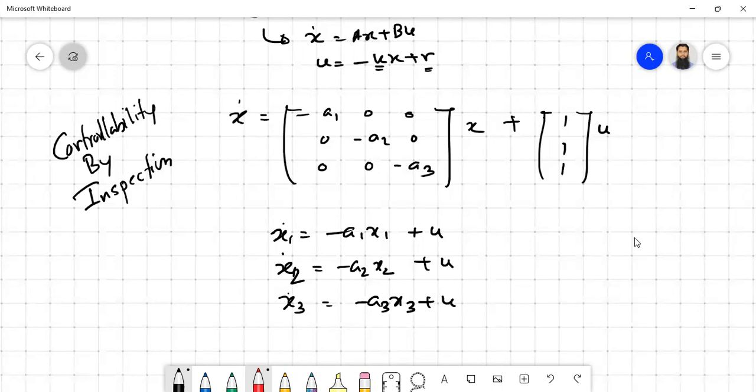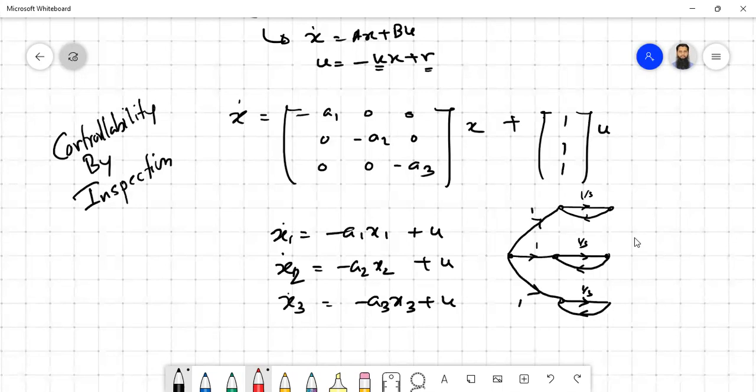If you want to draw it in a diagram, what we see is that each and every state is being controlled by the input. We have been able to find an input so that each and every state can be controlled. So these are 1 by s integrators. Then you have input, say u, which goes directly with gain 1 to each one.